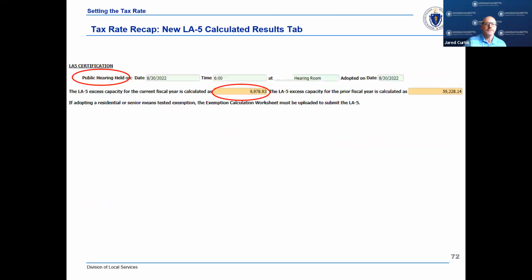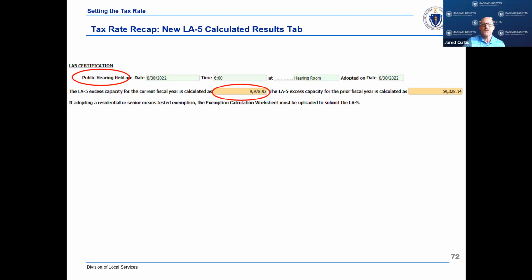Next slide, please. The classification hearing date, time, location, and adopted on date are displayed once the tax rate option tab is completed and saved. Your community's excess levy capacity is calculated on the LA5. Excess levy capacity is the amount of taxing authority that your community leaves untaxed.